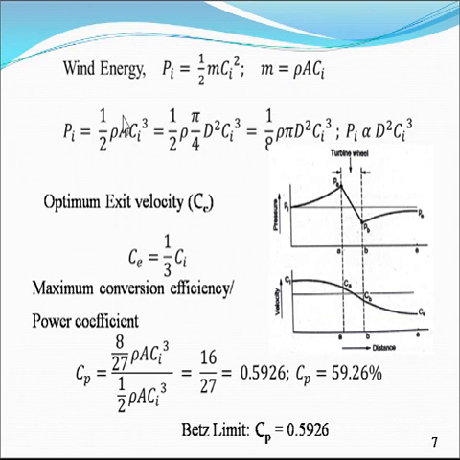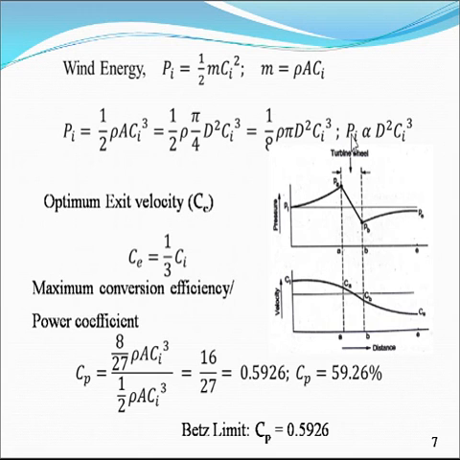A is equal to the rotor swept area, which is pi by 4 d square, and after simplification we have 1 by 8 rho pi d square Ci cube as the wind power available for the rotor.